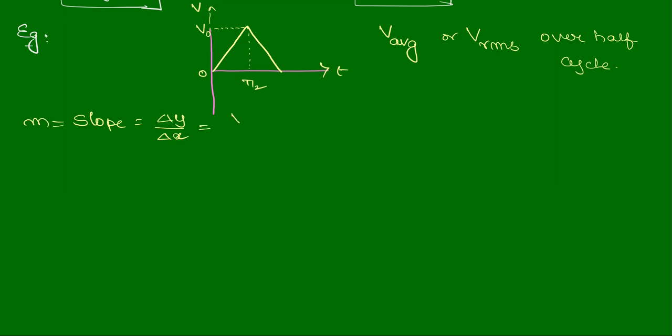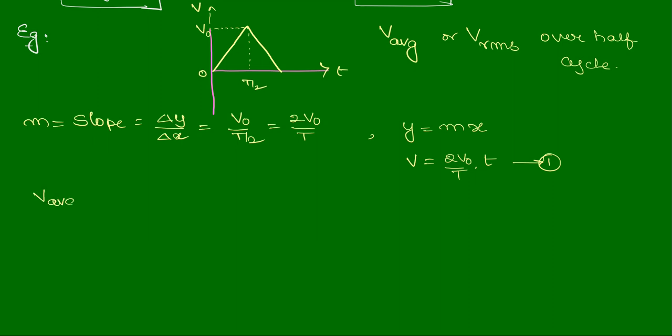That is equal to V naught by T by 2, or that will be equal to 2 V naught by T. As it is a straight line passing through the origin, we can write an equation like this: y is equal to mx, y is V, and m is 2 V naught by T into x-axis, it is time. So now this is our general equation for that wave, for that half cycle.